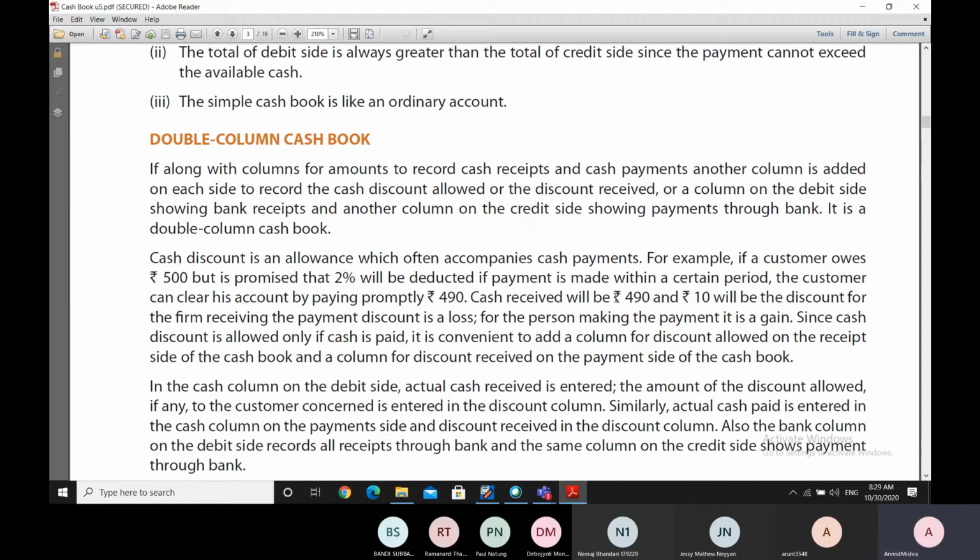So cash received will be 490 and 10 rupees will be the discount, for the fact that the firm is receiving the payment, and therefore for the firm this discount is a loss, and for the person who's making the payment, for him it is a gain, because cash discount will be allowed only when cash is paid and not for any other reason.